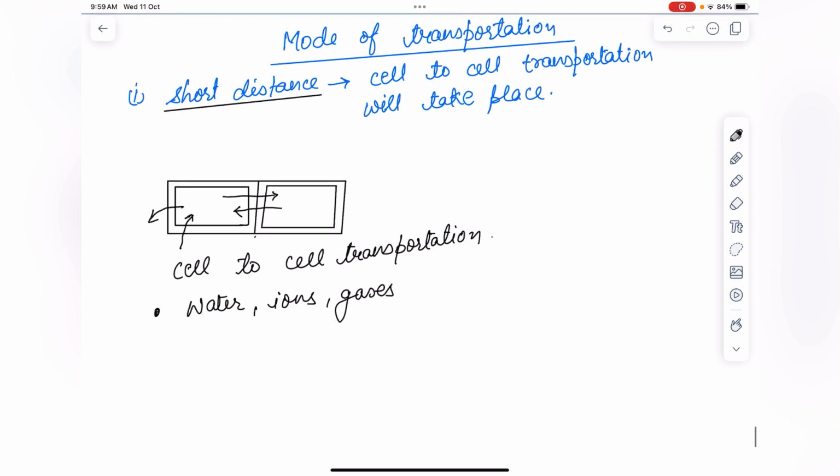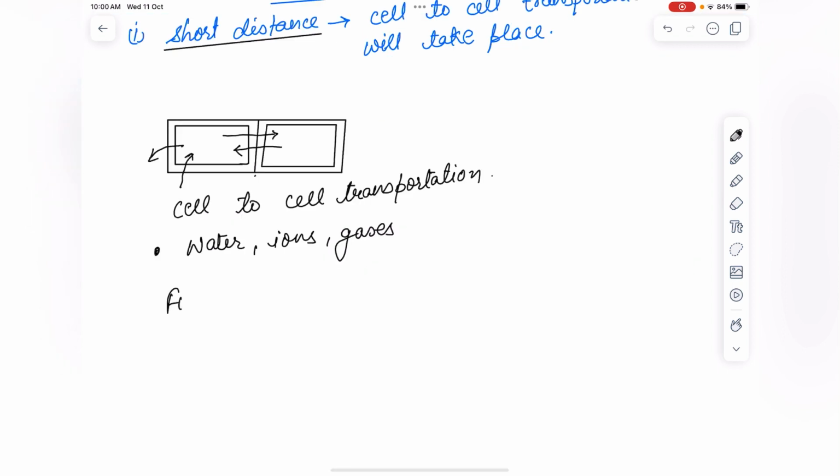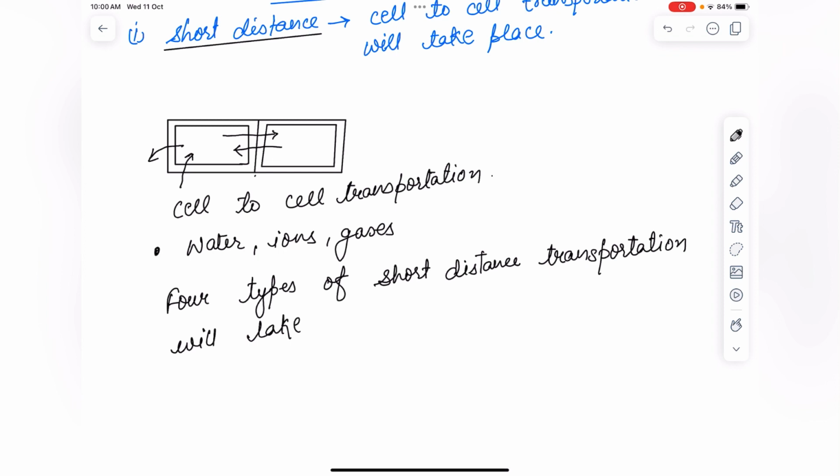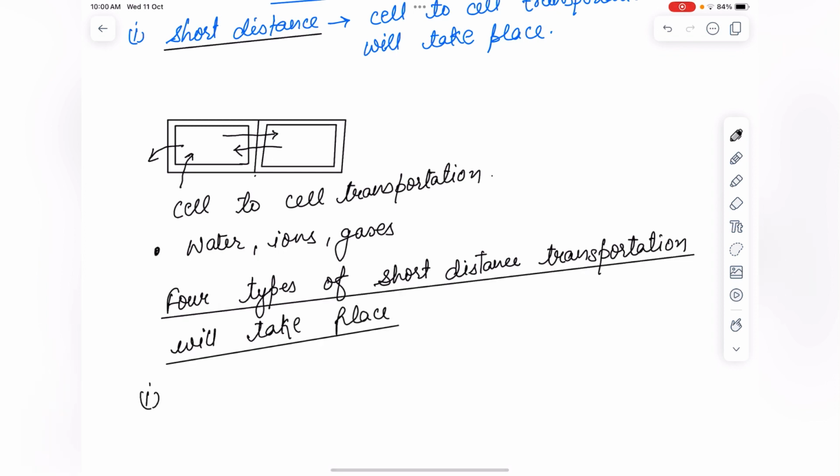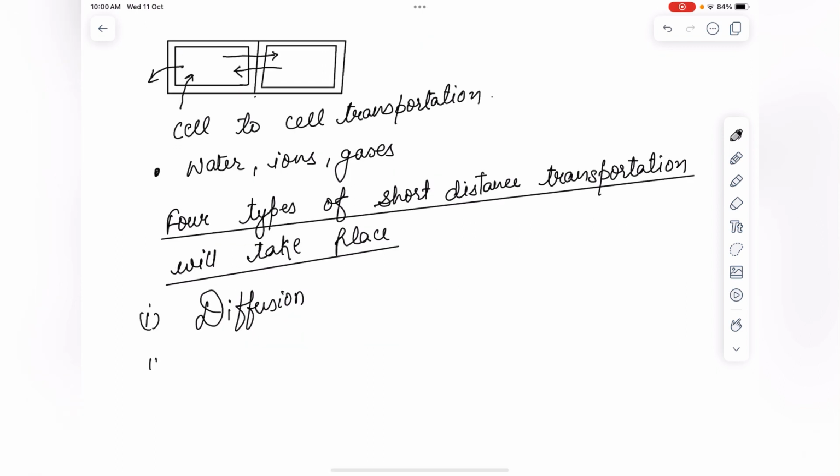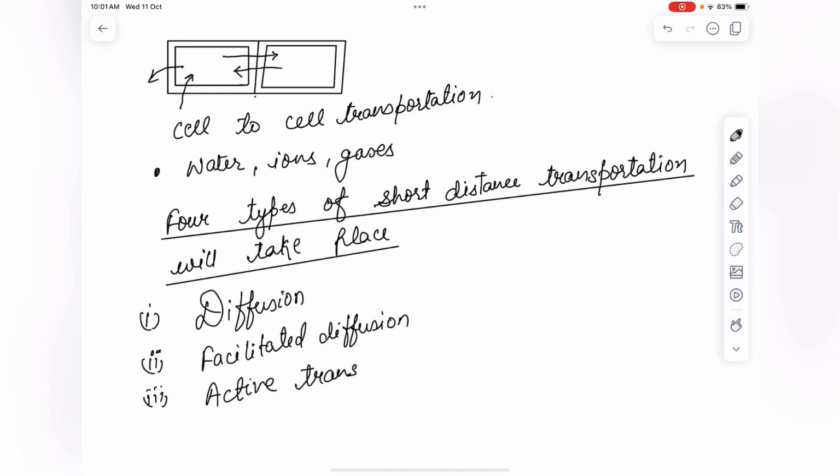There are 4 different types of short distance transportation. What are they? First one is diffusion, second one is facilitated diffusion, third one is active transport, and fourth one is cytoplasmic streaming.